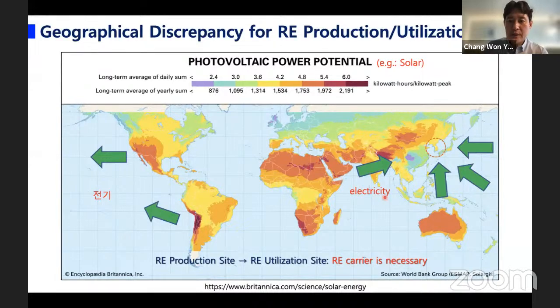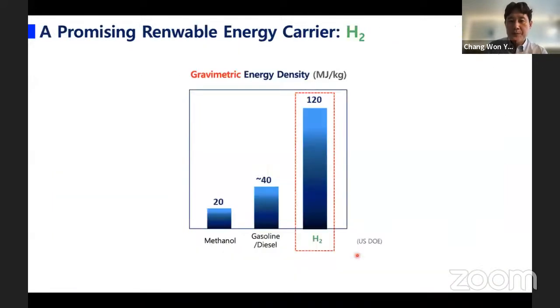I'm talking about hundreds and thousands of terawatt-hour scales of energy, but a commercial battery-based energy storage system is just about a few megawatts. So we can't actually use batteries. Then how can we do it? What can be the renewable energy carrier here?